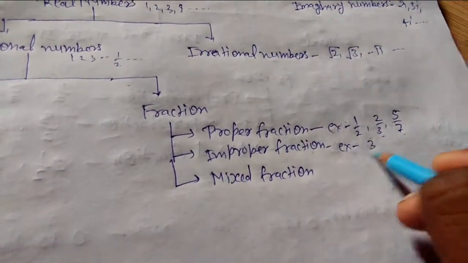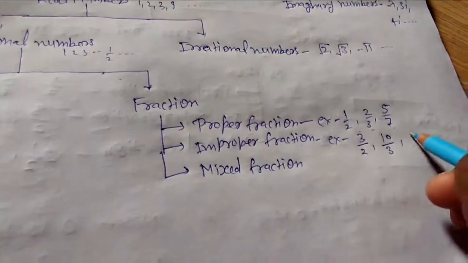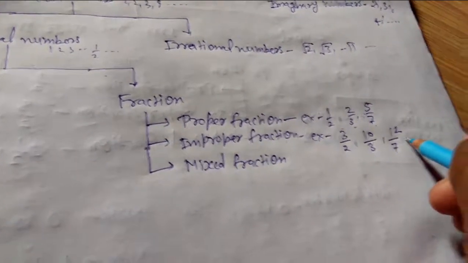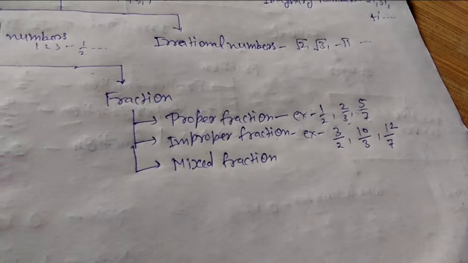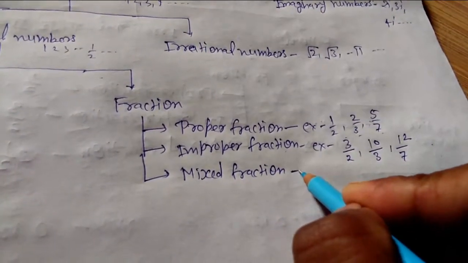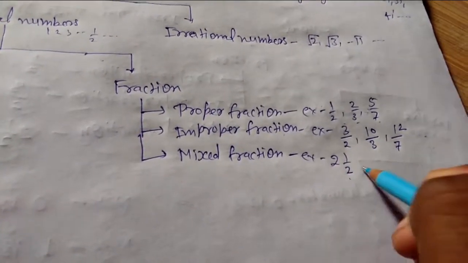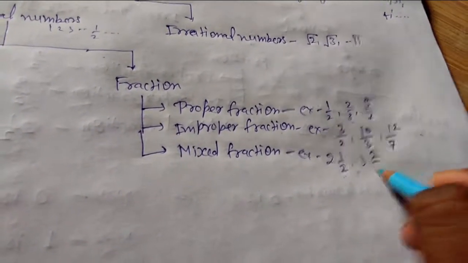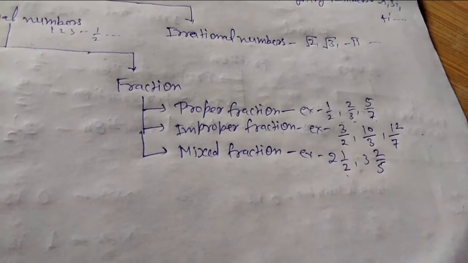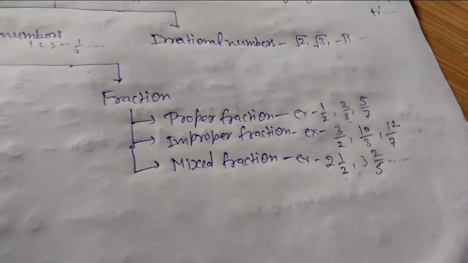Example: 3 upon 2, 10 upon 3, 12 upon 7. These are improper fractions. Example of mixed fraction: 2 whole 1 half, 3 whole 2 upon 5. Like these are mixed fractions.